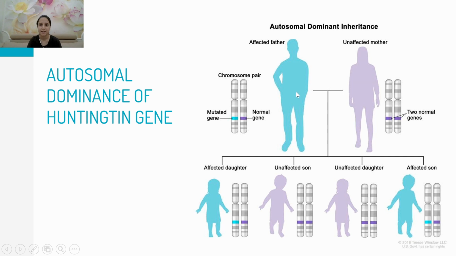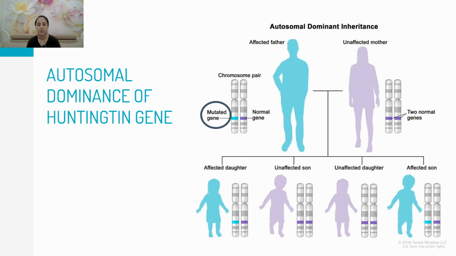As you can see, the father here is affected by HD and the mother is unaffected, which means that the father carries the mutated Huntington gene and the mother does not. This mutated gene can be passed on to any of their children, right?